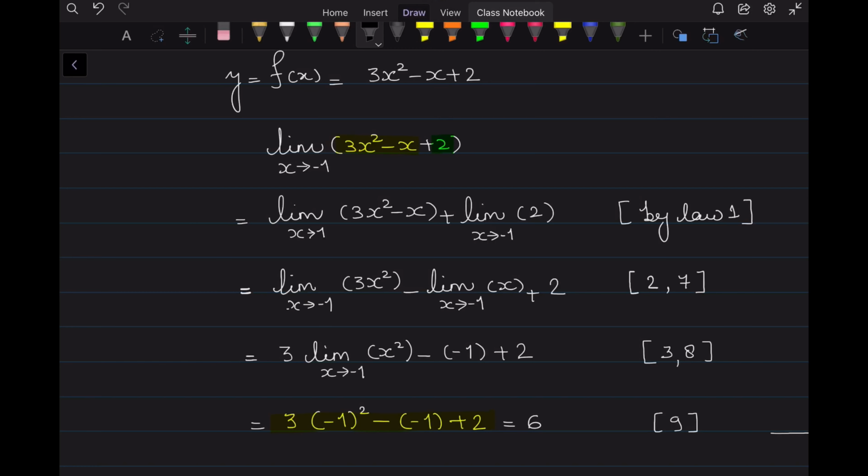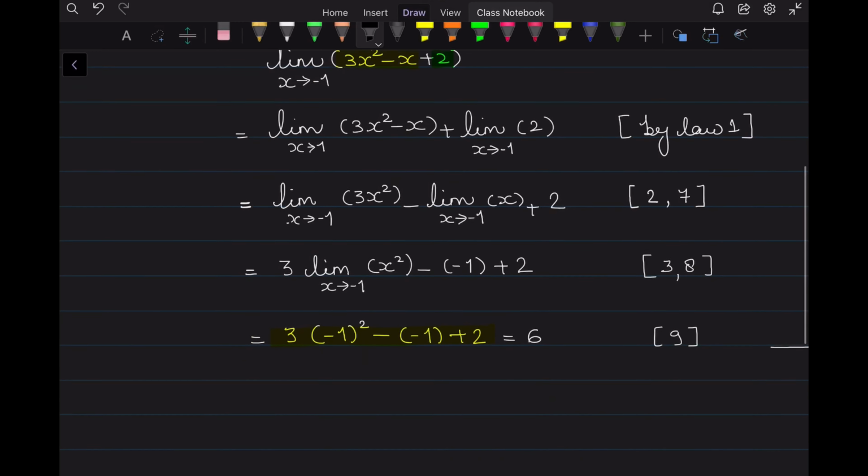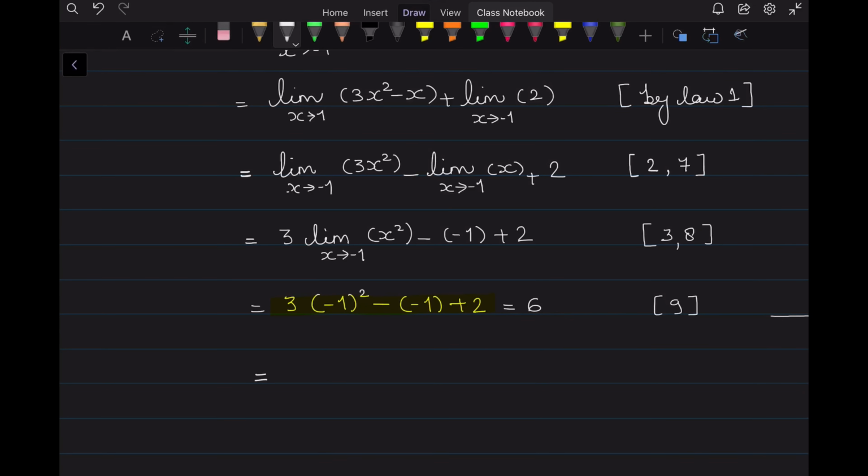And what do we get when we substitute x is equal to minus 1 in the expression of this function? It will give us the value of this function at x is equal to minus 1. So this is equal to the value of this function at x is equal to minus 1.